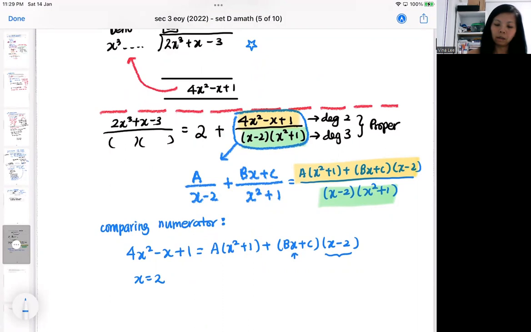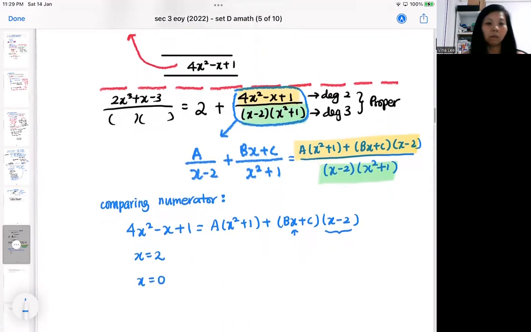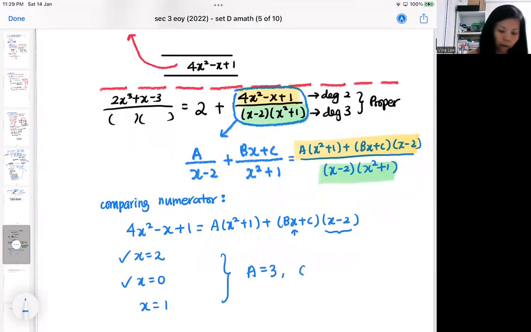The x here is an indication that I can sub x equal to 0. Right now there are 3 unknowns, so to solve 3 unknowns, you will need 3 values that you can sub. If you sub these 2 already, the third value can be any value. Usually I prefer the simpler one. Then I will be able to solve my A. You can give it a try and see whether you get it or not.